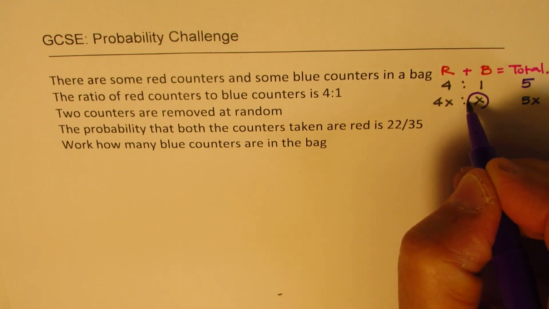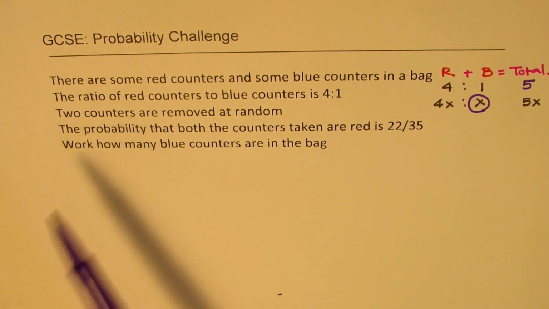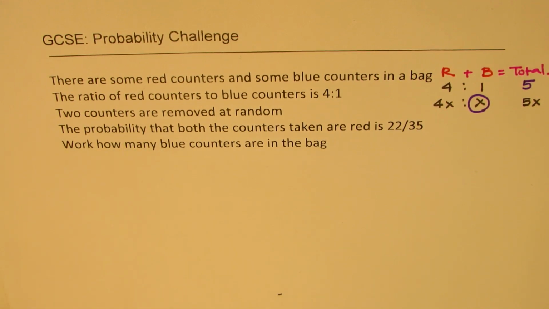So that is the number we are interested in finding. Does that make sense to you? So that is how we'll actually begin with our question. Now, for this question, we could go direct without a tree diagram also. But since I want to ensure that you understand what a tree diagram is, we'll actually start with the tree diagram.